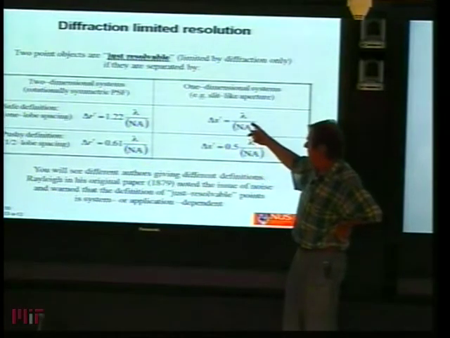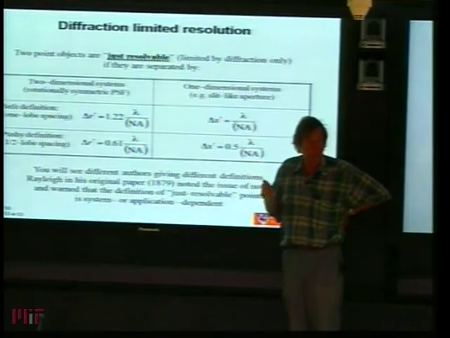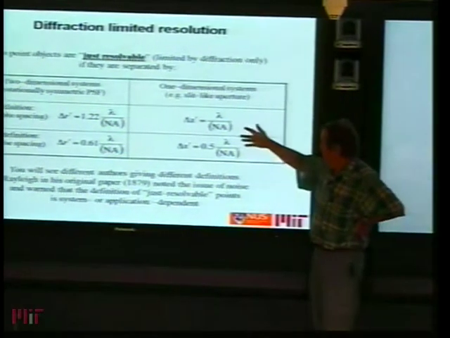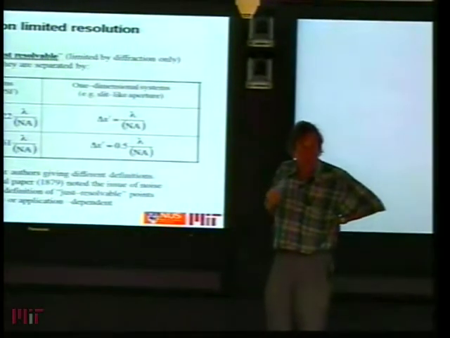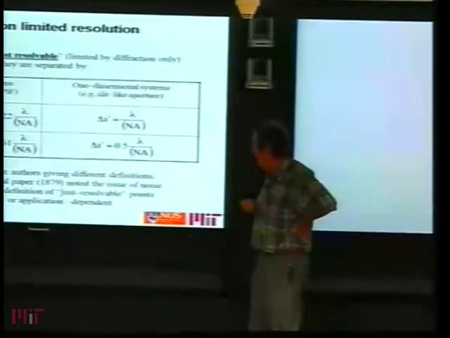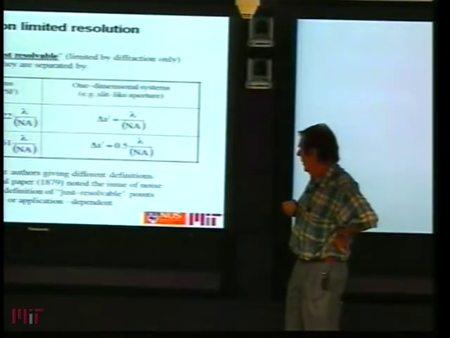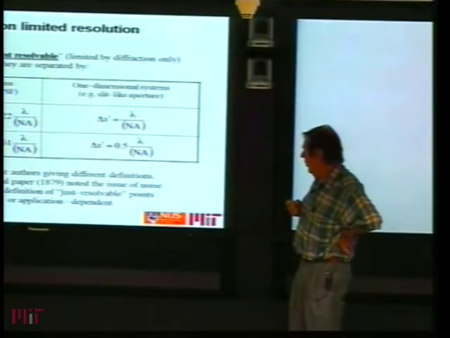So in this case, you can see you can resolve slightly smaller spacing with a slit aperture than with a circular aperture. And this is a true effect that sometimes people try to take advantage of.